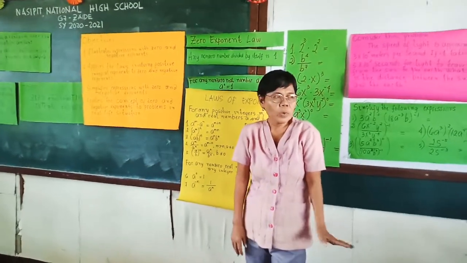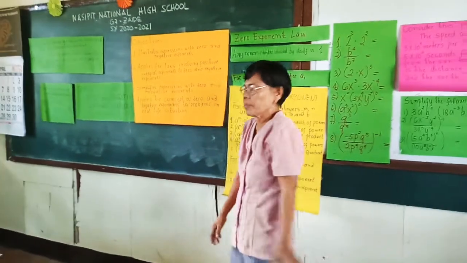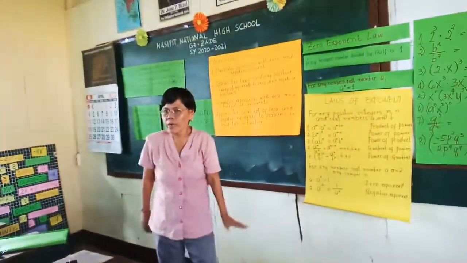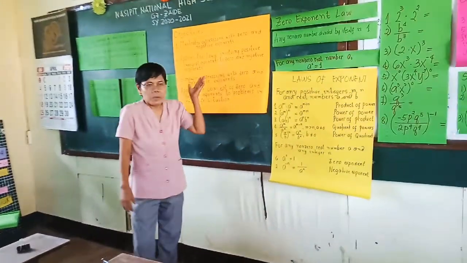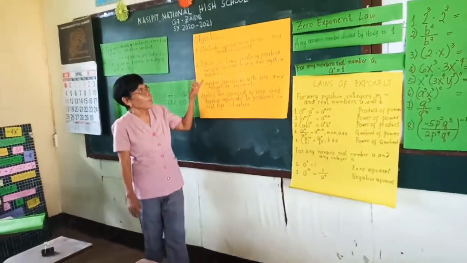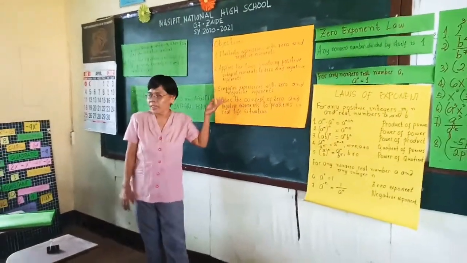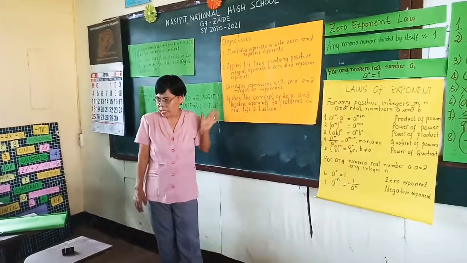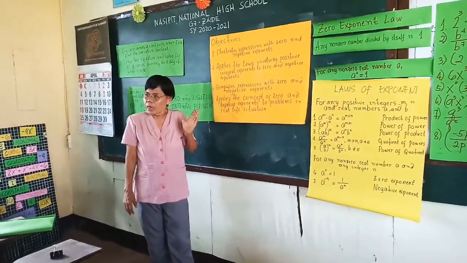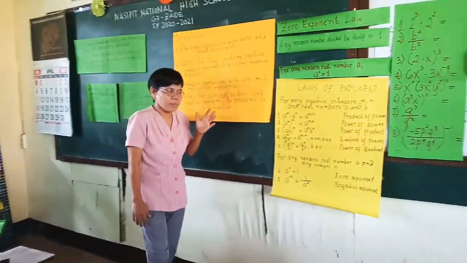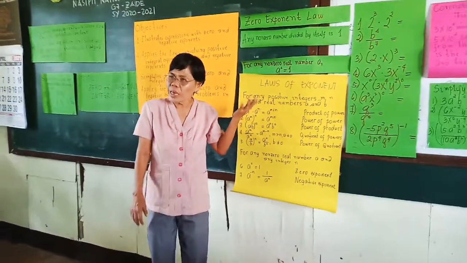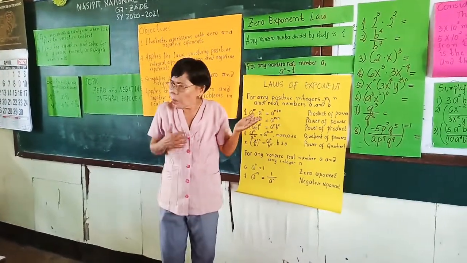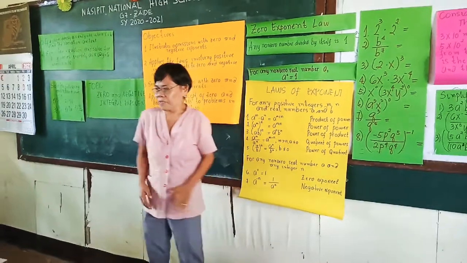Okay. By the way, class, before we end, remember this. This is our topic, which is the laws of exponent, and this is the objectives. How would you apply our topic in your daily life?